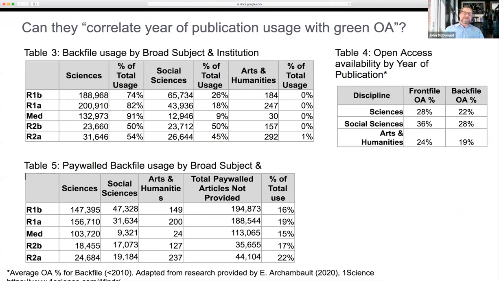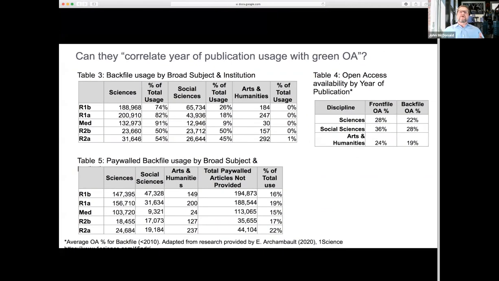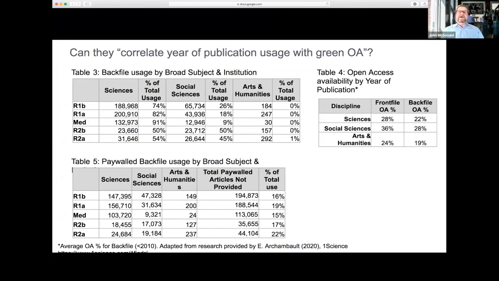We did use some research by Eric Archambault at One Science around percentages of open access availability year to year, and then compiled that into our 3 different categories.